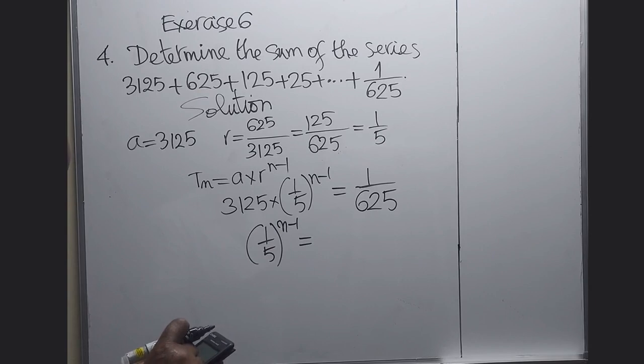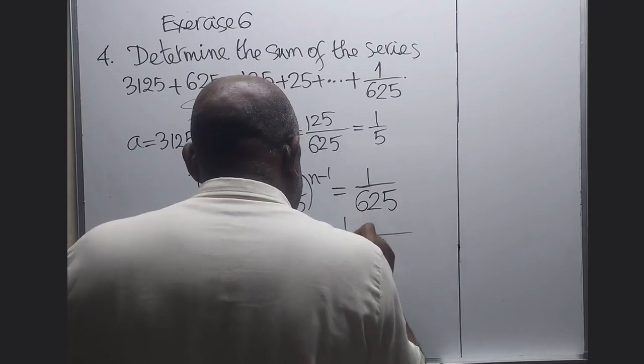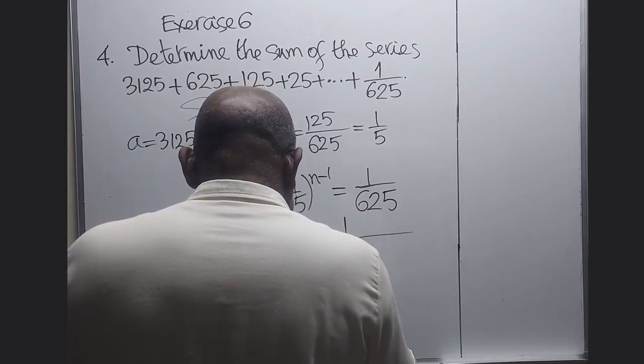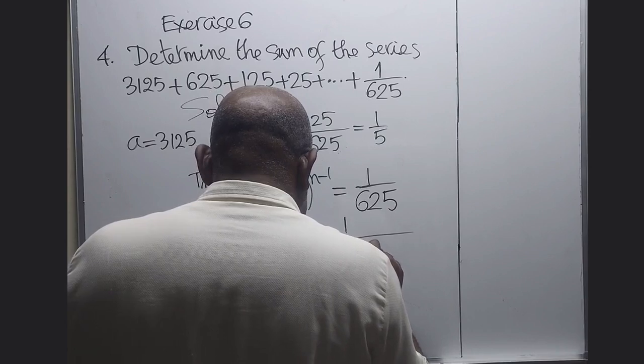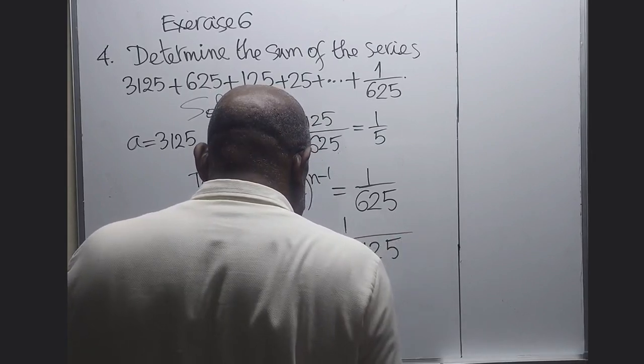So this is the calculation I'm doing practically: 625 multiplied by 1 over 3125. Then I'm getting 1 over 1,953,125.